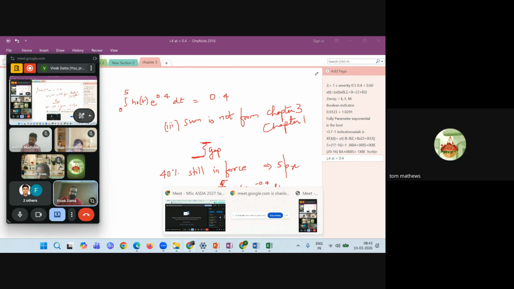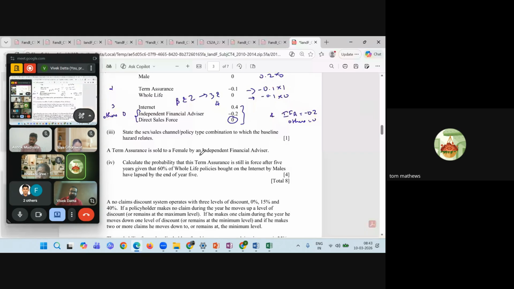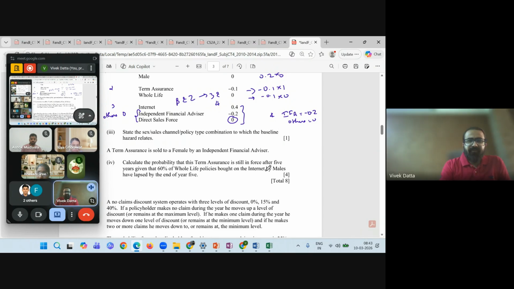Term assurance, female, independent. Calculate that is still in force after 5 years, given that 60% of whole life policies bought on the internet by males have lapsed by the end of year 5. This you have been given, and you need to calculate the probability that the term assurance sold to a female by an independent financial advisor is in force.